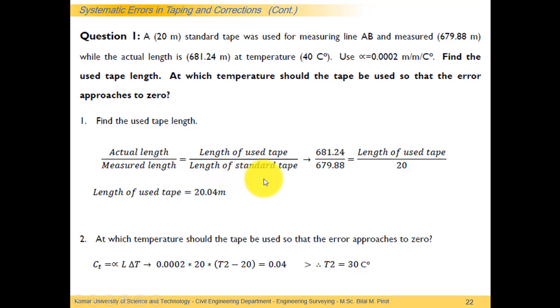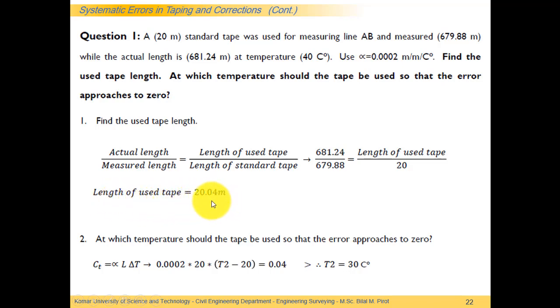So we have to find the length of the used tape. Everything is known here. The actual length is known, the measured length is known, and the length of the used tape is not known. We have to find it. The length of the standard tape is 20. Now the length of the used tape is 20.04.